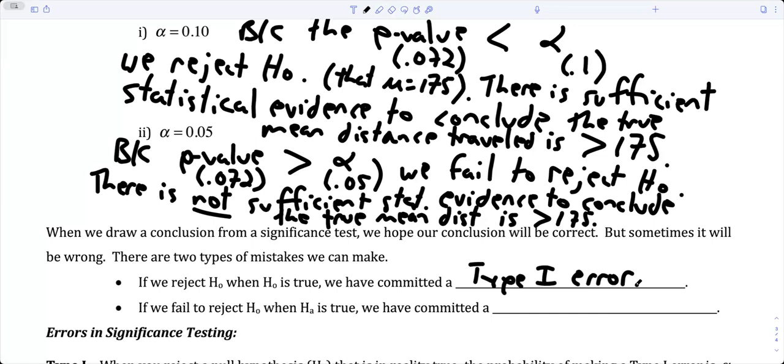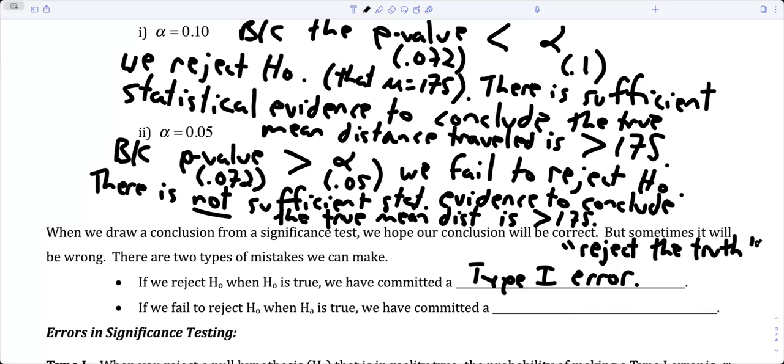That is when you reject H naught when H naught is true. I call this, it's my little catchphrase, reject the truth. Reject the truth is a type 1 error.